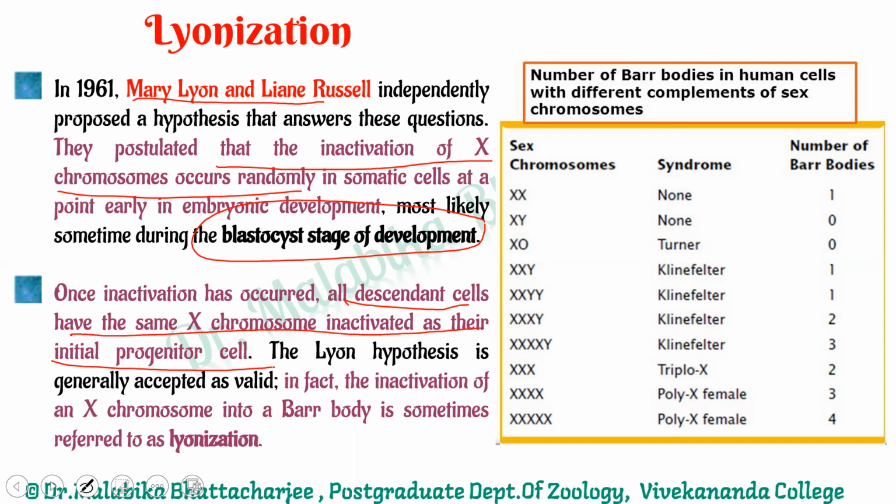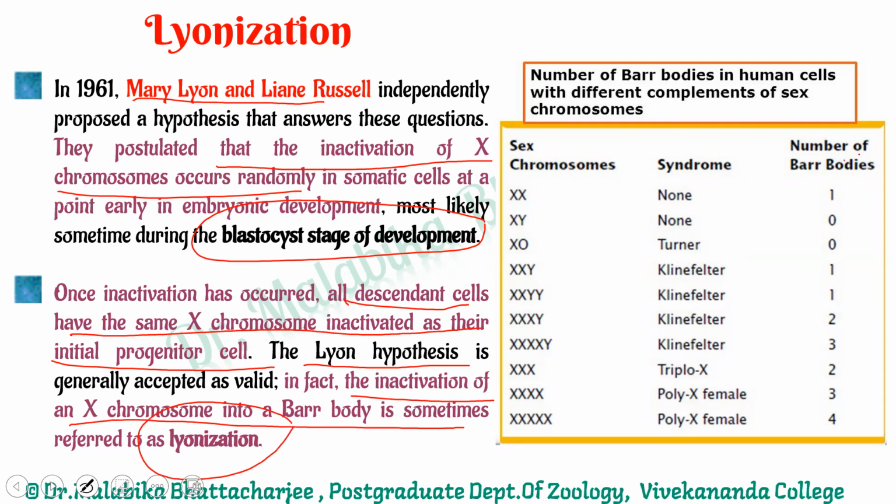Once the decision has been made whether the paternal X or the maternal X will be inactivated, all the cells coming from that lineage will have that same inactivation. This hypothesis, that one of the X chromosomes is inactivated, is known as Lyon's hypothesis, and the inactivation of the X chromosome into a Barr body is referred to as lyonization. So this is the phenomenon.